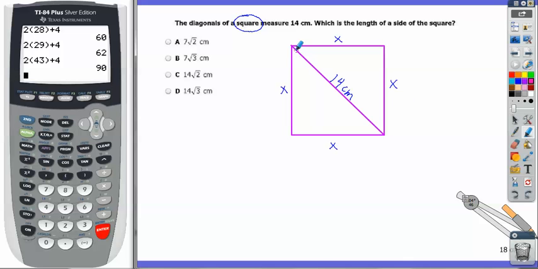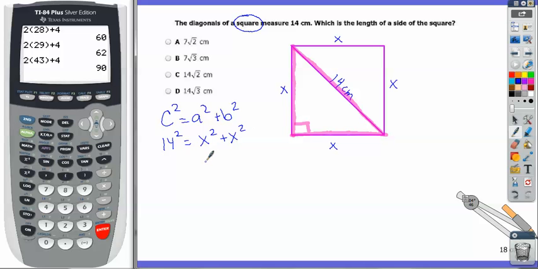I can see I have a right triangle sitting right here. So if I have a right triangle, there's a few ways I can do this. I know that c squared equals a squared plus b squared. So I could say 14 squared, because it's my hypotenuse, is equal to x squared plus x squared.